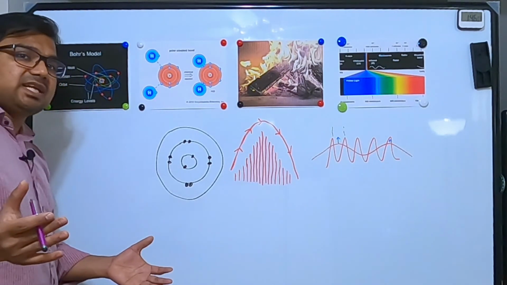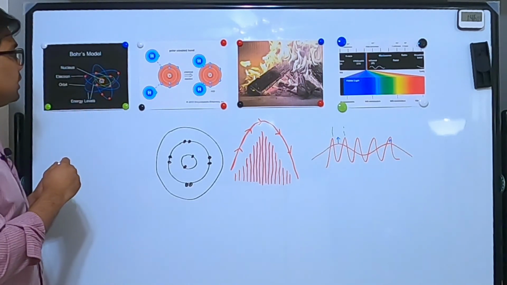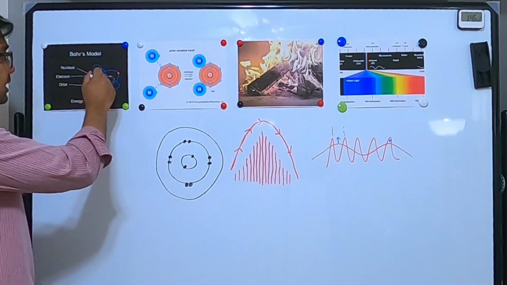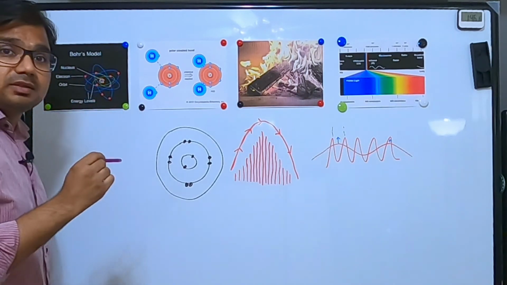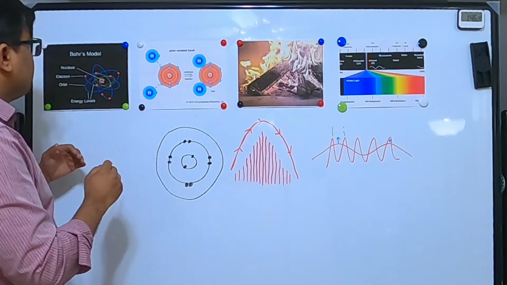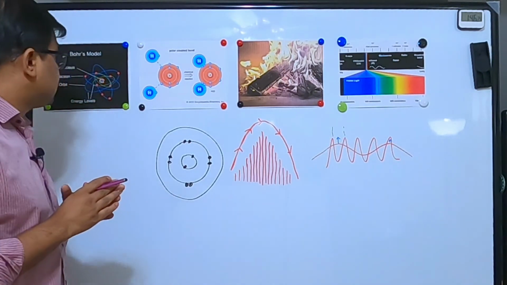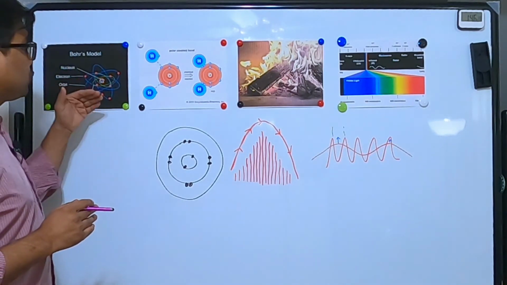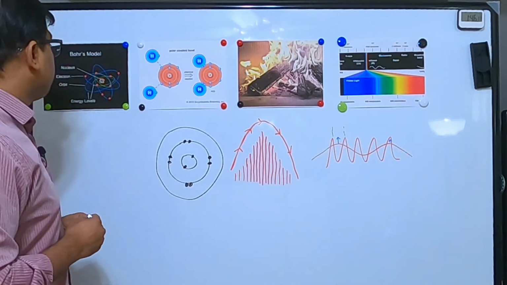Protons are positively charged, neutrons are neutral. The most interesting element is electrons. They are surrounding the neutrons and the protons, and they are in the form of a cloud. And neutrons are, as I discussed already, neutral, but electrons and protons have opposite charges, so they should cancel each other, okay?